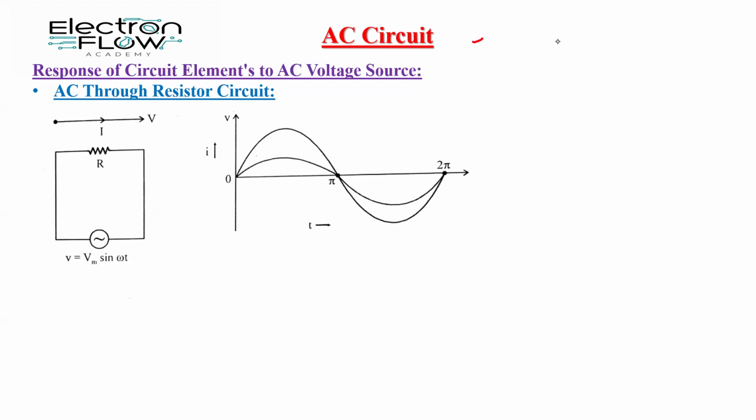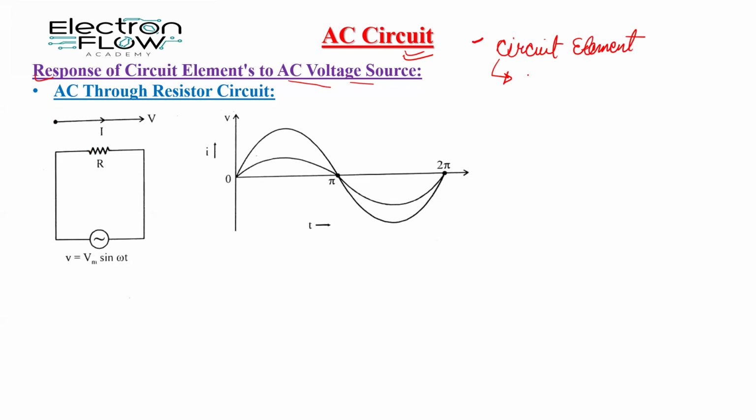So our today's topic is response of circuit elements to the AC voltage source. So here we are going to talk about the circuit elements. So basically there are three circuit elements existing in the electrical circuits.